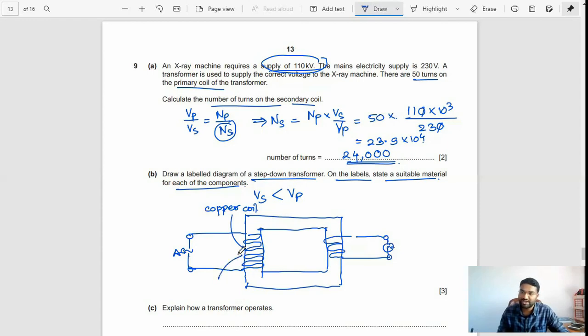And primary: Vp, Ip, Np. And for the secondary, Vs is the secondary coil voltage, Is the current in the secondary coil, and Ns is the number of turns of the secondary coil. You can just mention this so that it will help you get good marks. Okay, that is what you have to show in this labeled diagram. Getting it?